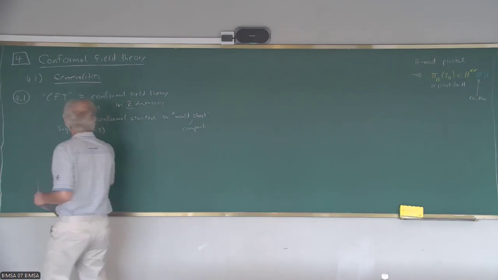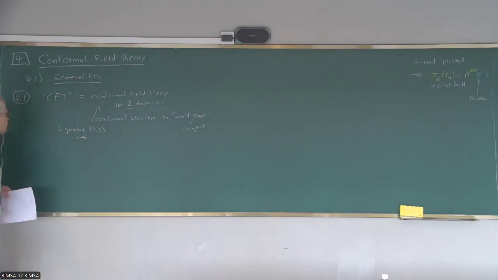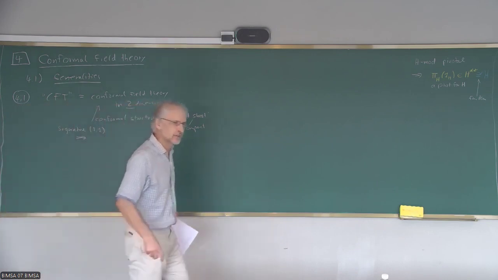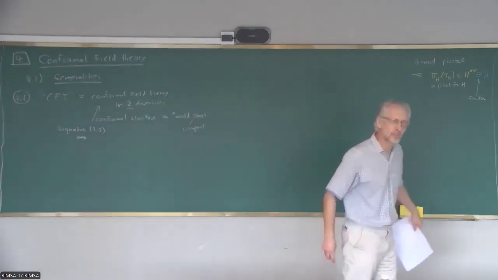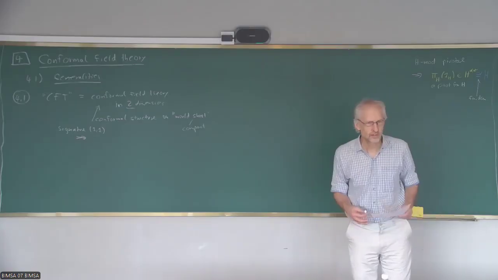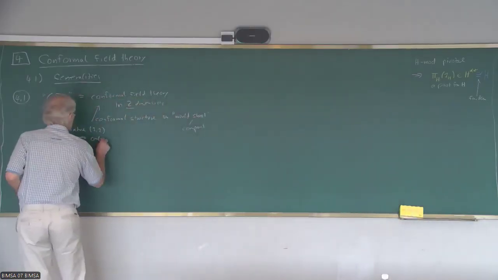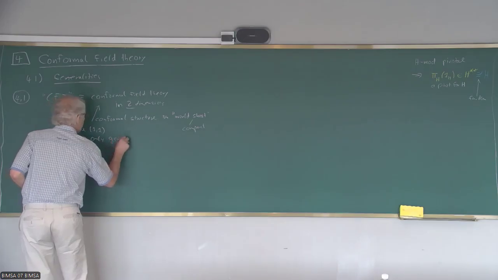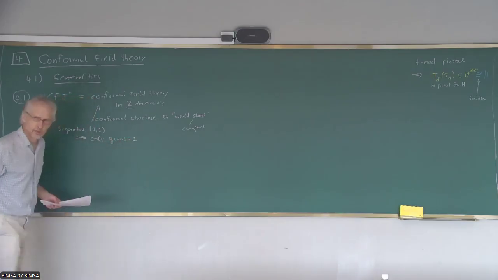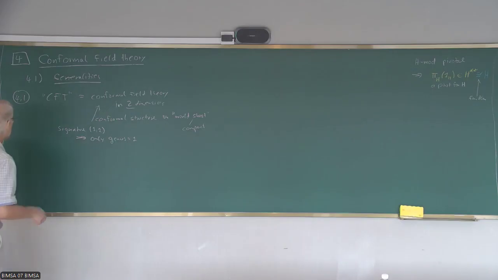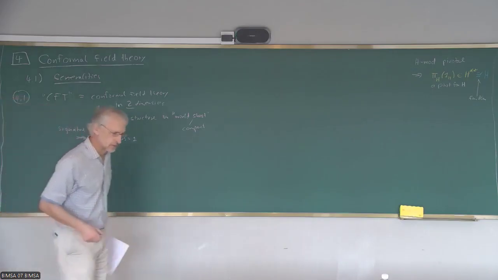Now, if I would have signature 1,1, it turns out that the Euler number is an obstruction to the existence of a Minkowski metric on a compact surface, and therefore we would only allow for genus equal to 1, so for torus, and that's not what we want to do.